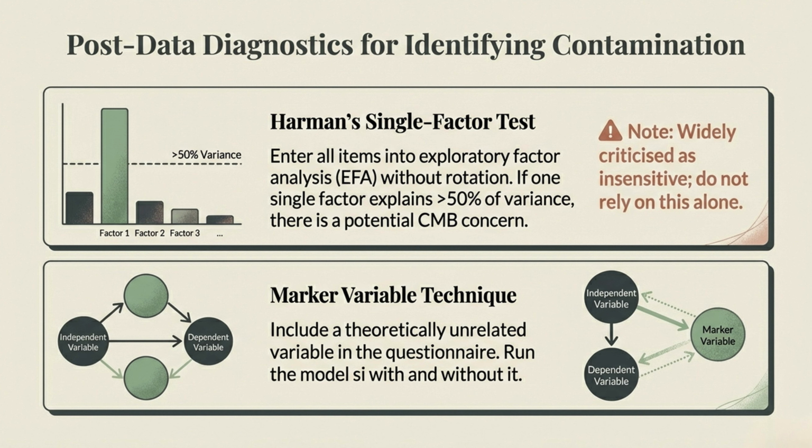We run the model once with the marker variable and once without it, and check the differences or changes in the coefficients. If the marker variable correlates strongly with substantive constructs, shared method variance may exist. So you can ask a question which is not at all related to this questionnaire.